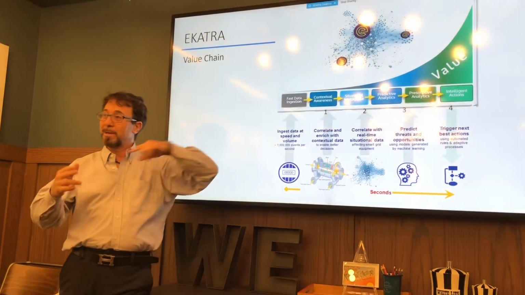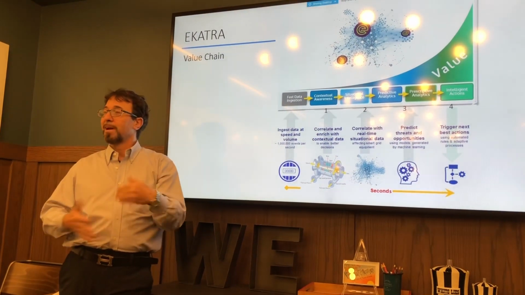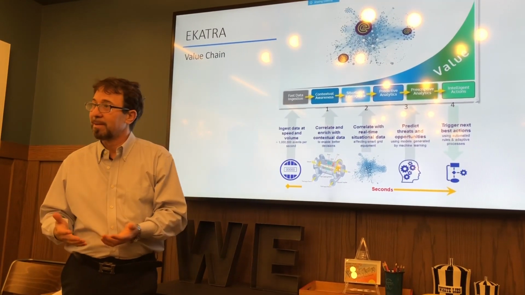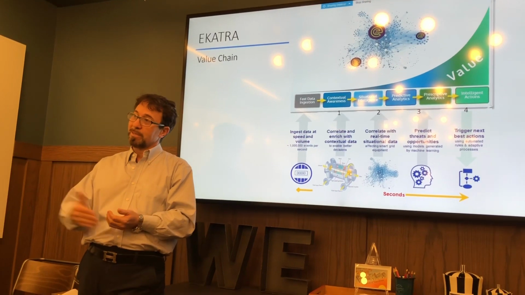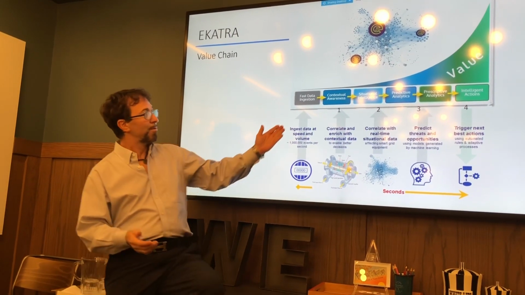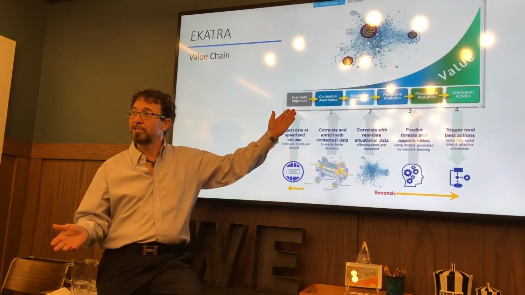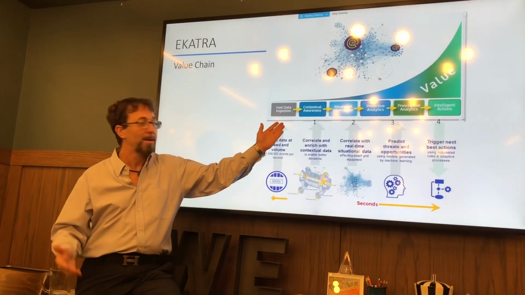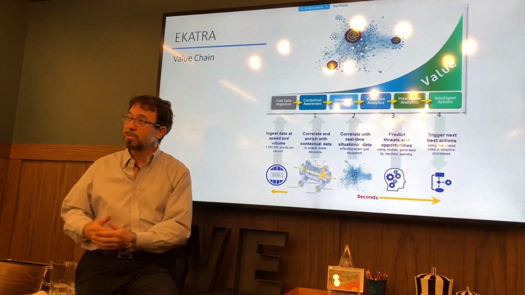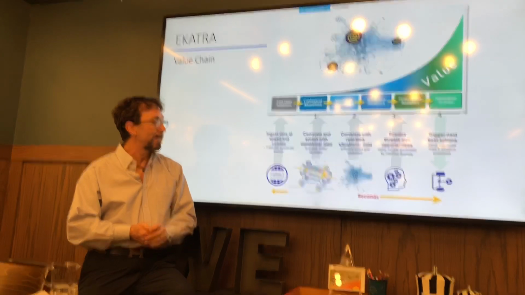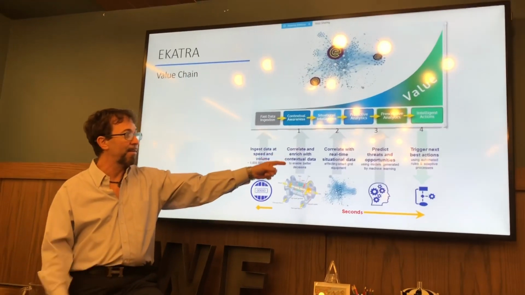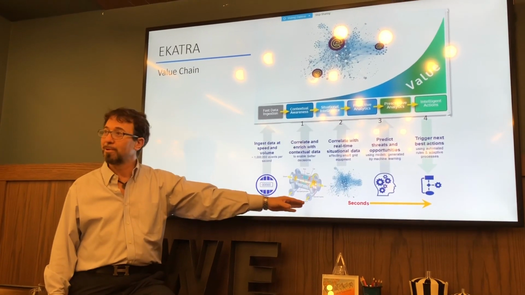And the challenge becomes how do I handle a huge volume of data, especially when it's streaming almost in real time. So you need to move from just fast ingestion, that is an achievement, to something more interesting that is contextual awareness. That means you correlate and enrich with contextual data what you are learning.